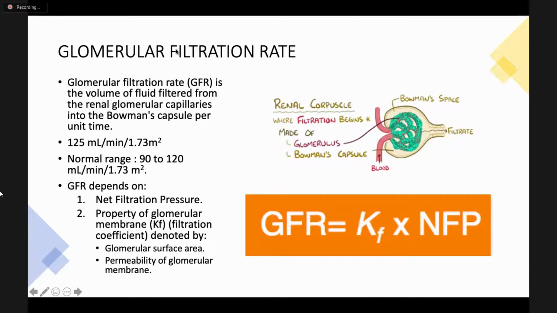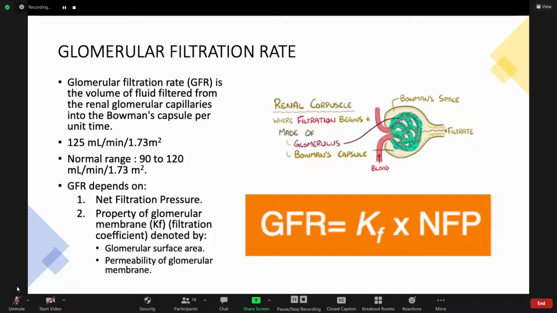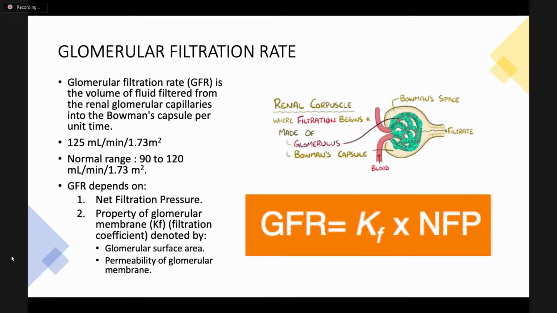Okay, this is the more famous topic, glomerular filtration rate. Don't be afraid. Glomerular filtration rate: what is filtered at the glomerulus, and the rate is over time. So what can be filtered? Of course the plasma, right? The fluid being filtered at the glomerulus, the rate is per unit time, so we use minute. So remember the definition.